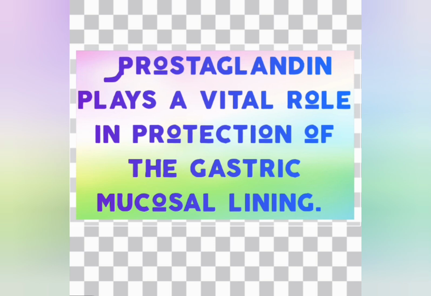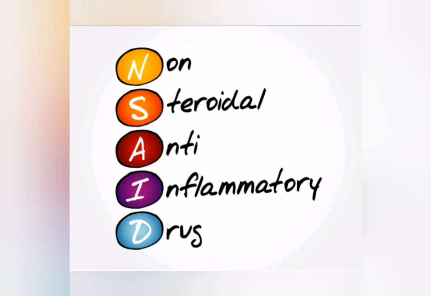By NSAIDs reducing or inhibiting its production, the gastrointestinal mucosal lining becomes vulnerable to gastric acid. So you can see the NSAIDs are trying to do their work, but in the course of doing so, they are also causing damage to the gastrointestinal mucosal lining.